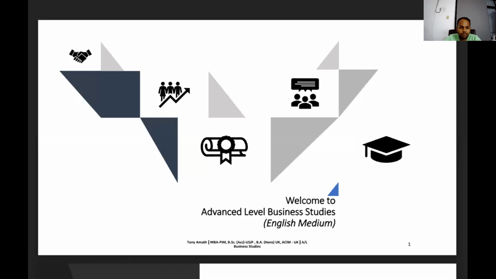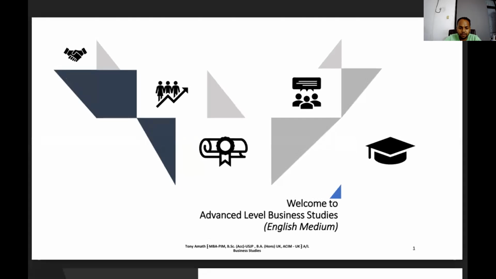Right, so our business studies lecturer is also here. He is Mr. Tony Imran Ahmed. He's also my classmate from university, and he completed his degree there. Meantime, he did another degree from APIT, so parallelly he was completing 2 degrees. He's the senior manager, brand manager and marketing manager for GSK, GlaxoSmithKline, you know, the Panadol company.